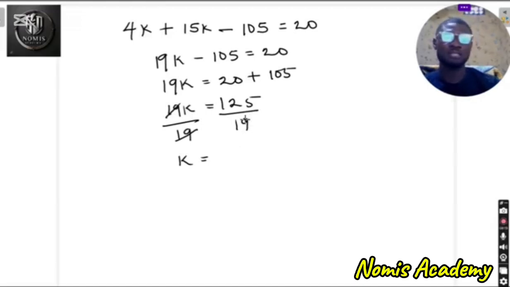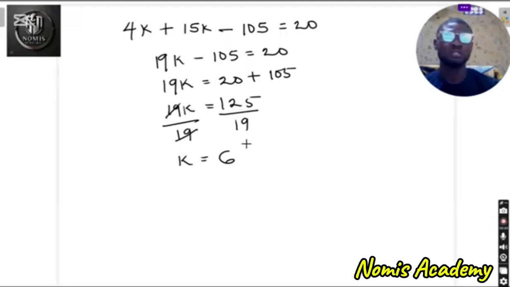Yes, we are starting from 19. 19 divided into 125, I will have 6, because 19 times 6 gives me 114. So I'll be left with 11.